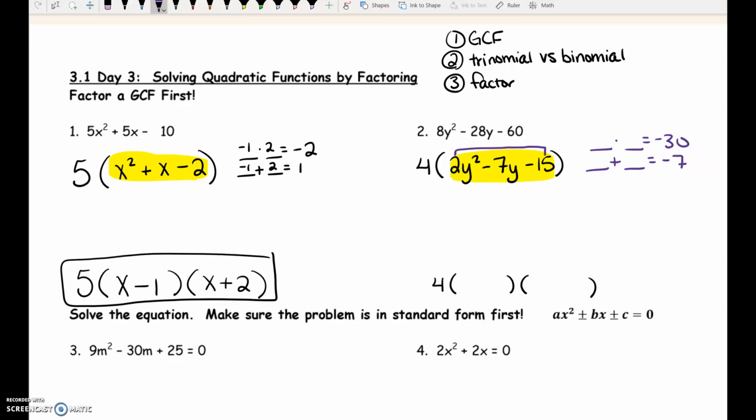Would that be 10 and 3? 3 and negative 10. And I'm going to do guess and check really quick because I think it'd be faster on this one. I know that the first one's going to be 2y and y because the only way to get 2y squared is to do 2y times y.